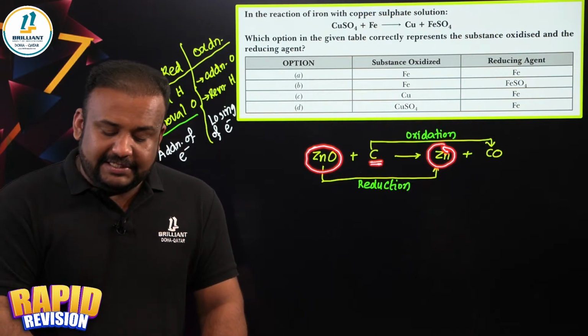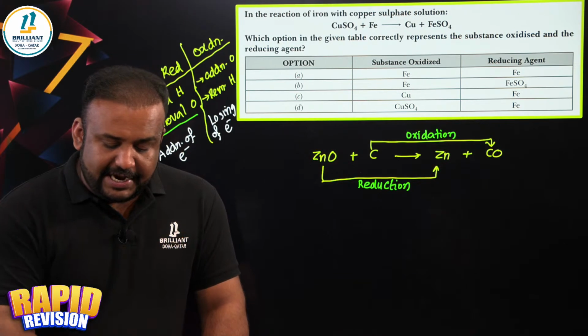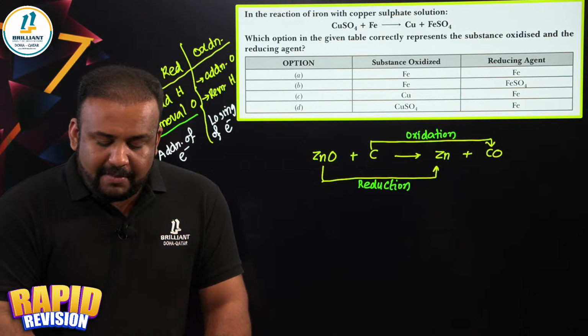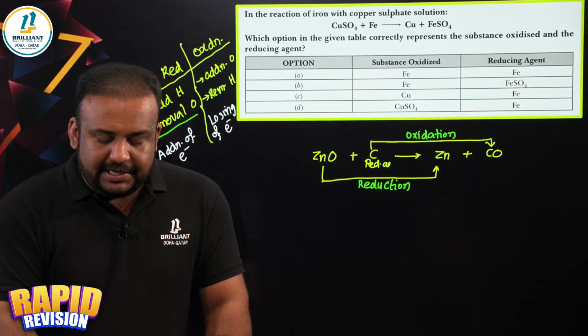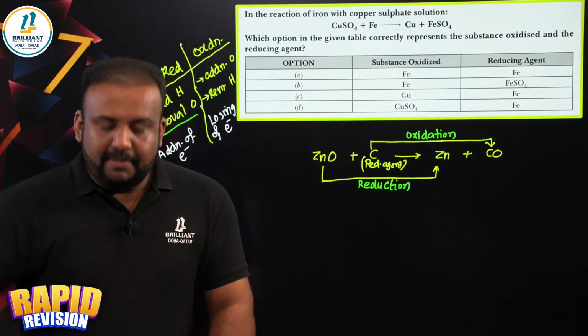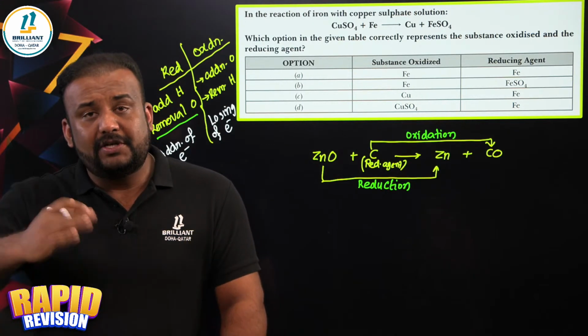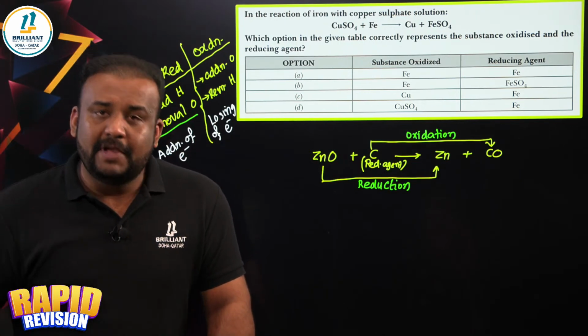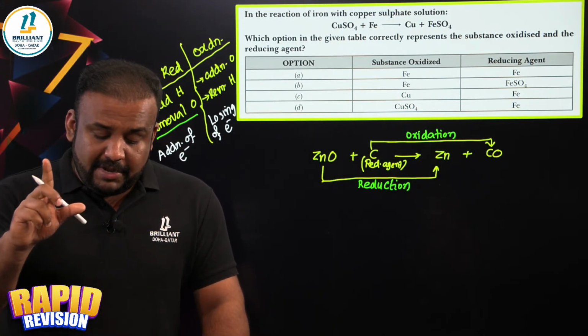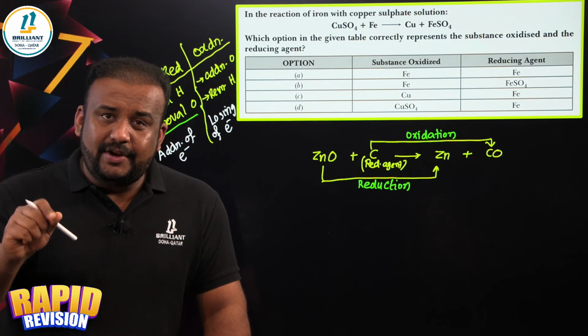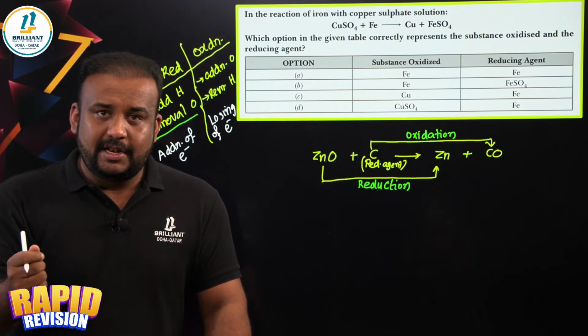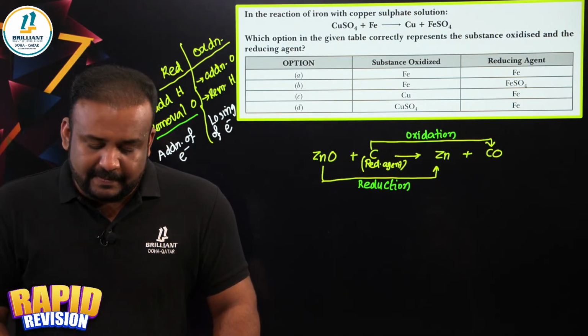So since carbon is responsible for reduction of zinc oxide, we can say that carbon is the reducing agent. Carbon is the reducing agent because it is the one who took oxygen away from zinc oxide. So always remember, the substance that undergoes oxidation is the reducing agent.